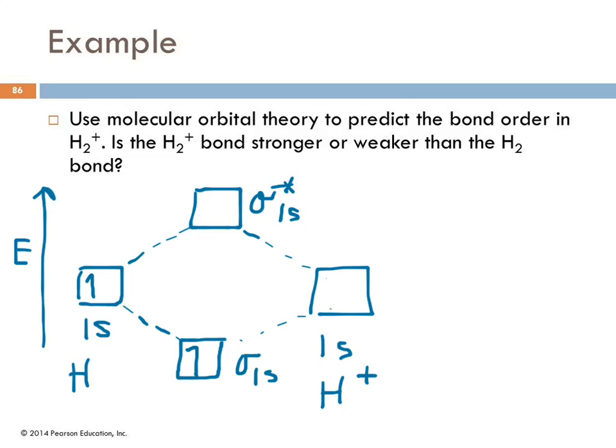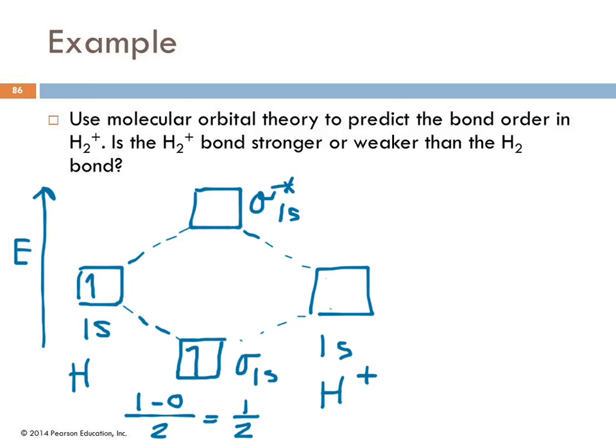And then what's the bond order? It's going to be 1/2, because we have 1 in the bonding orbital and none in the antibonding, and then we divide that by 2, and that's equal to 1/2. Any questions? So that means it exists. Yeah. The fact that the bond order is 1/2 means that this ion does exist.